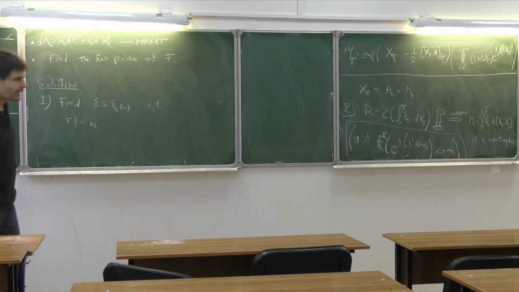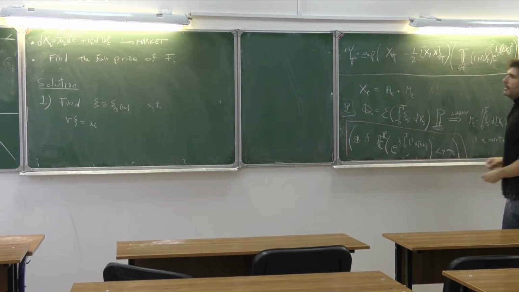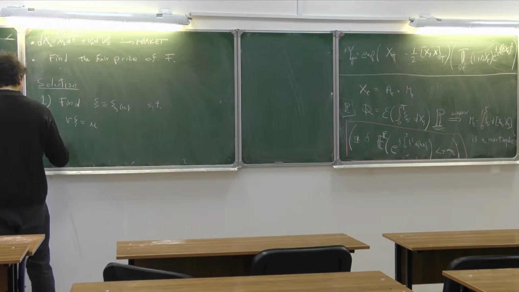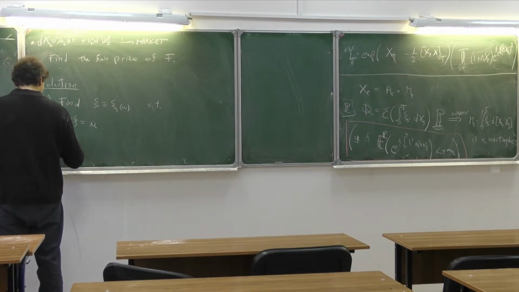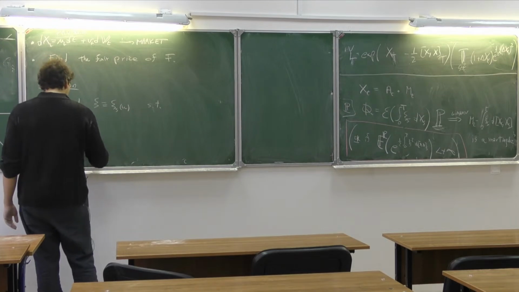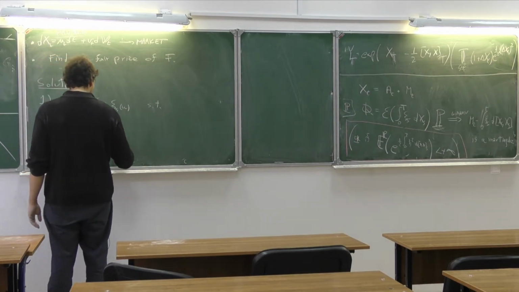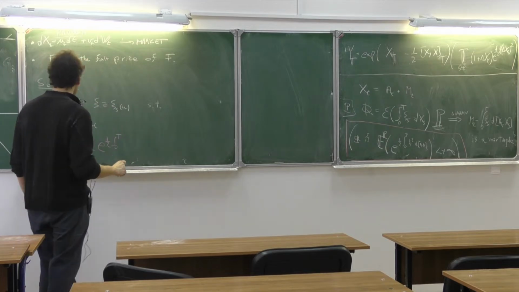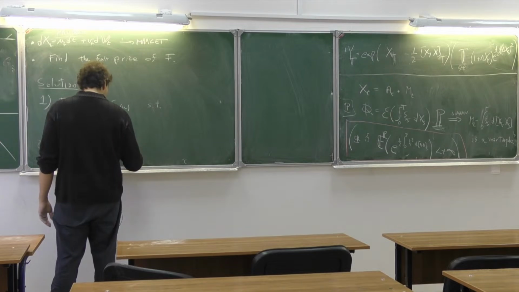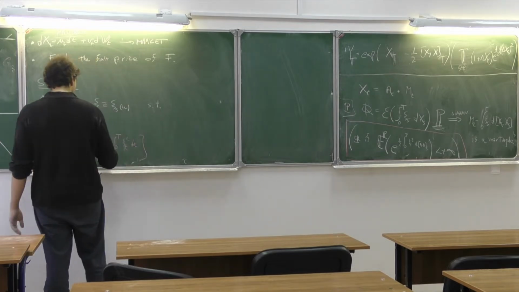The technical hypothesis, I write it in red, just to remember that this is a little nothing in some sense, to check that the expected value of e to the 1/2 of the integral between 0 and t of psi squared ds is finite.